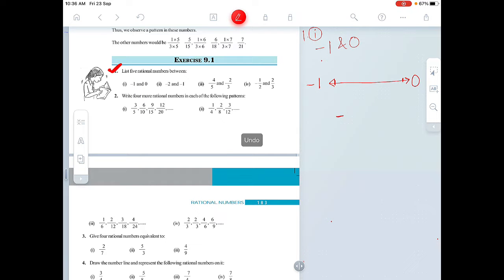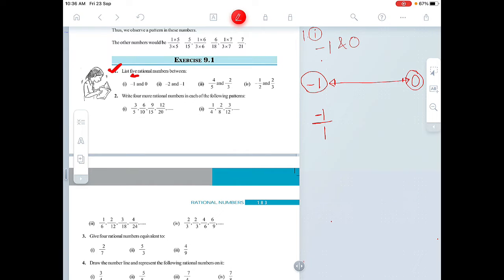Now see, there is a specific way of finding them. Here in the question you have to find 5 rational numbers, so we will convert these two numbers into fractions having the denominator 5 plus 1, that is 6.